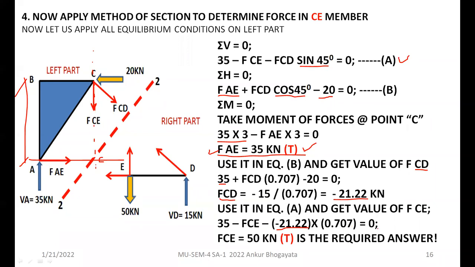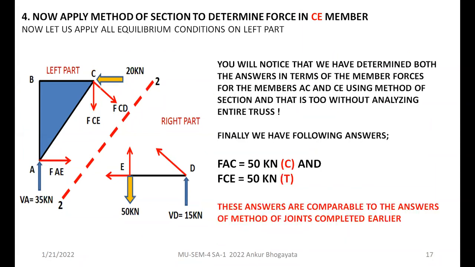So that gives us the solution: FCE is the final answer, that is 50 kilonewton, and that is in tension. So you can see that finally we receive both the forces CE as well as AE. Right. So we can say that both the forces are calculated.